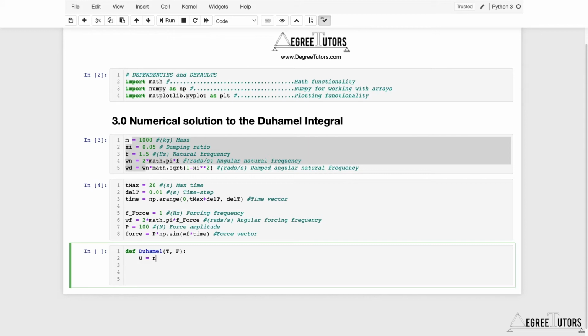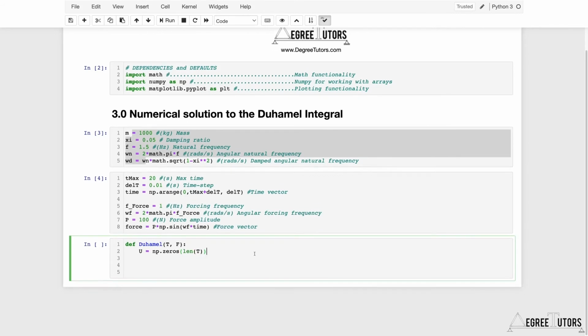So I'm going to say u is going to be np.zeros(len(t)). All that's doing is defining a list of zeros, and the number of elements is going to be the length of the time vector. So it just gives us a 0 for every time step.